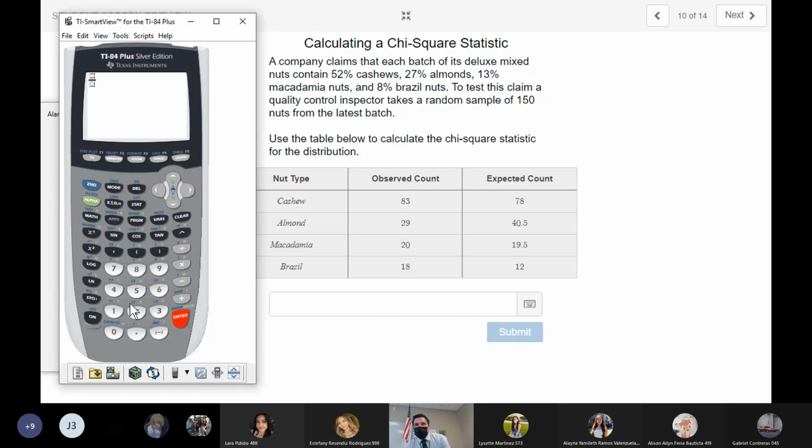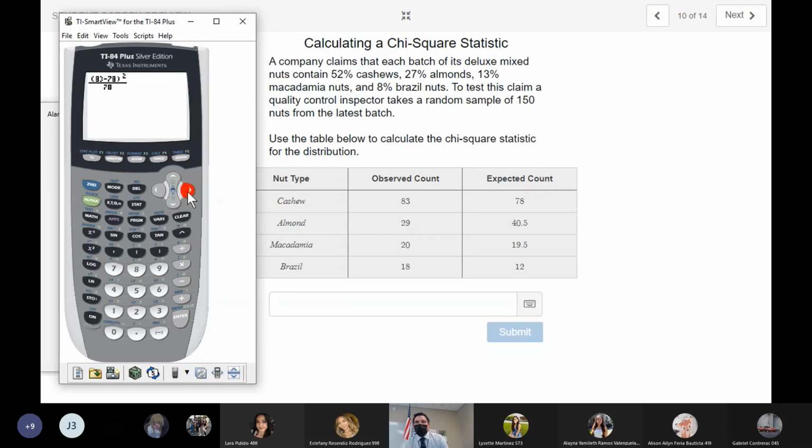I will do the first one. We need parentheses, 83 minus 78, squared, divided by 78.